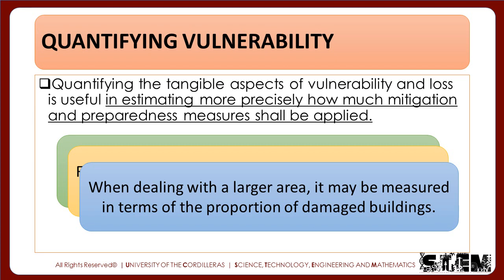So they can just say out of 10 houses, 5 were destroyed. So you can just put it into ratio and proportion also. That's why if you are listening to some news, you can notice that they are really quantifying it. They're putting it into percentages, or they're really giving tangible numbers. So we will be aware how many were usually affected by the certain disaster. All right.